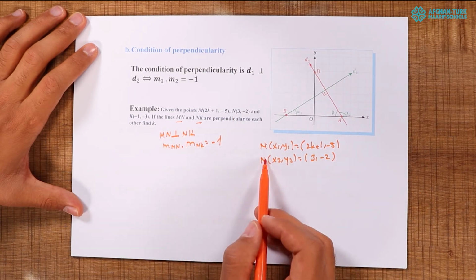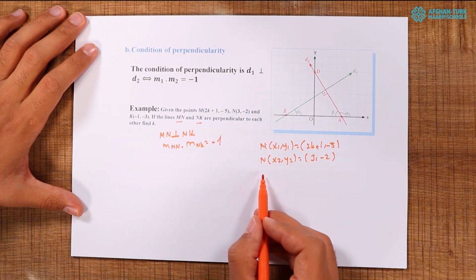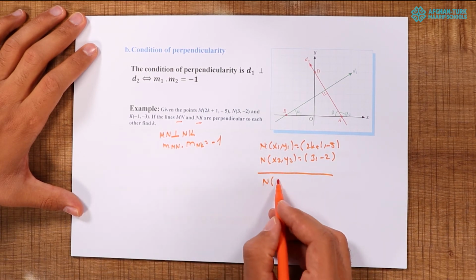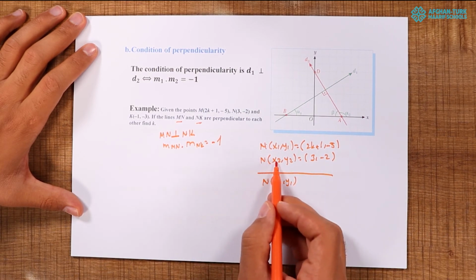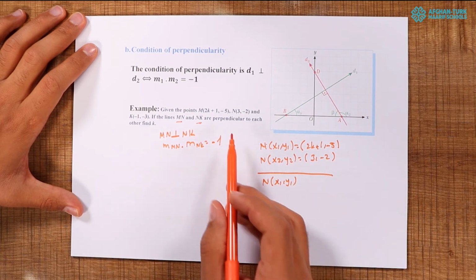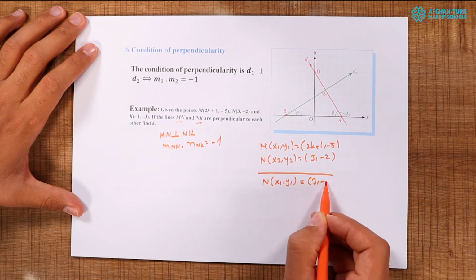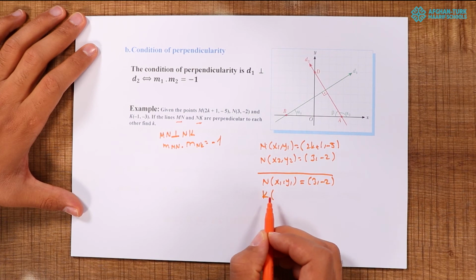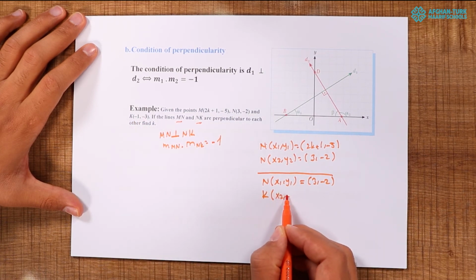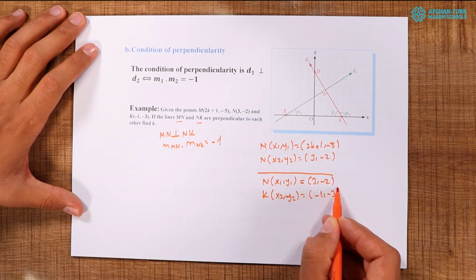This is M and N. So we have also N and K. So we have N again because N comes first, so it's x1 and y1, which is 3 and -2. What's K? K is x2 and y2, which is -1 and -3.